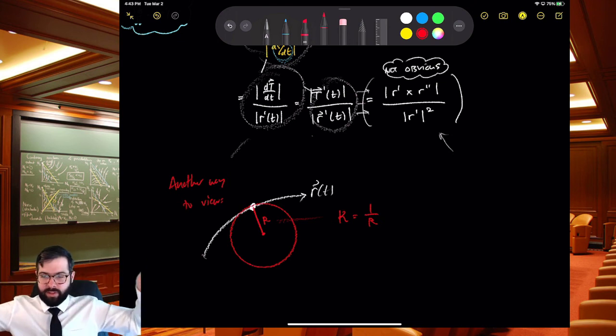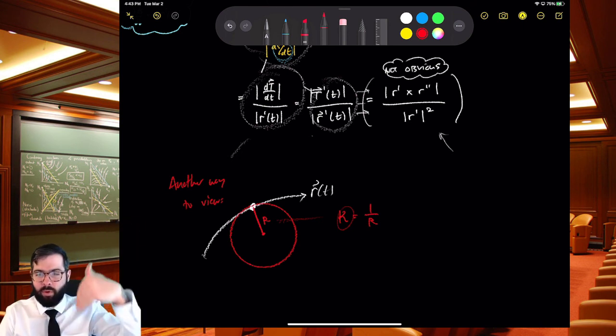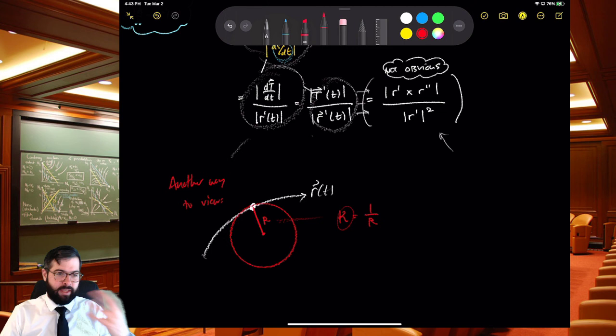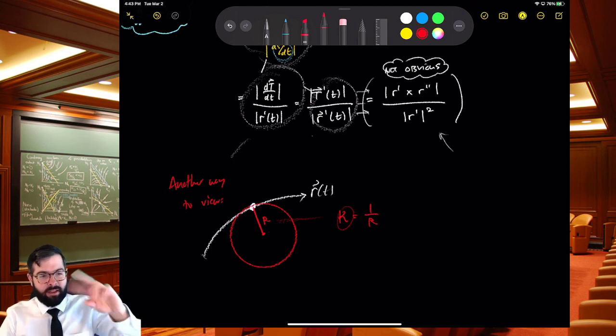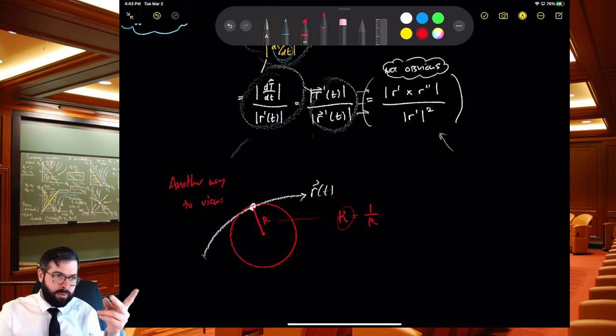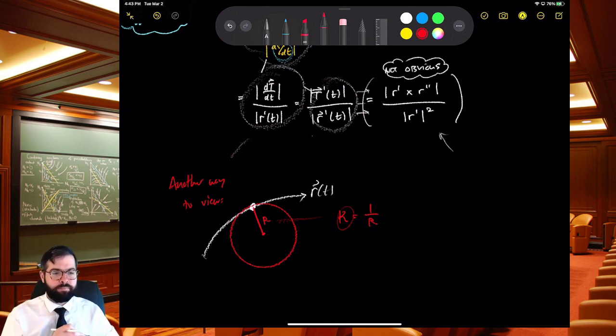So the radius of that circle would be infinite, which means the curvature would be 0, because I'm dividing 1 by infinity. So that adds up and that follows. And likewise, you can think about what radius I would have to have given a certain curvature, and vice versa. But that's just a nice geometric way to play with it.